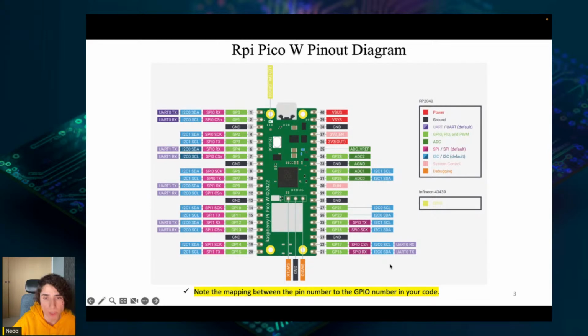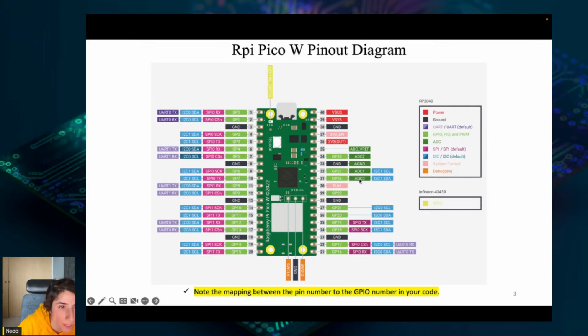23 GPIO, which means GP0 to GP22, are digital only, and GP26, GP27, and GP28 are able to be used either as digital GPIO or as ADC.